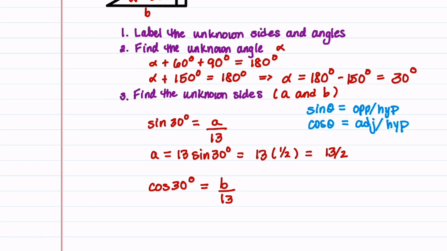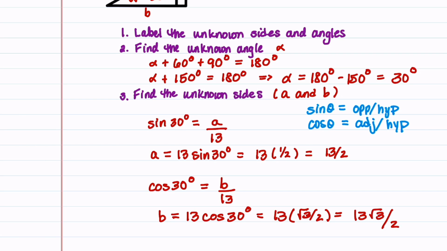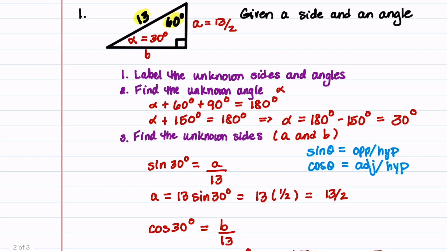If we multiply both sides of the equation by 13, we get B is 13 cosine 30 degrees. So this is 13, and cosine 30 degrees is root 3 over 2. So we're left with 13 root 3 over 2, and we can add that to our diagram.